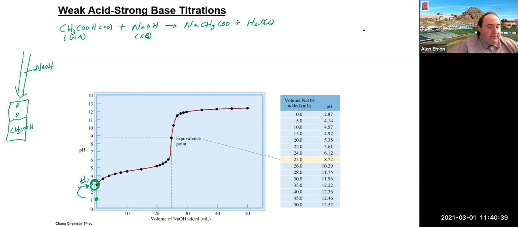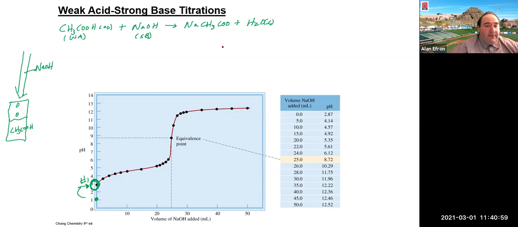Then we get to the equivalence point, which is that vertical process as you go through the curve. It goes really vertical to the equivalence point. We typically see a jump in pH to the equivalence point, and then a jump in pH after the equivalence point.